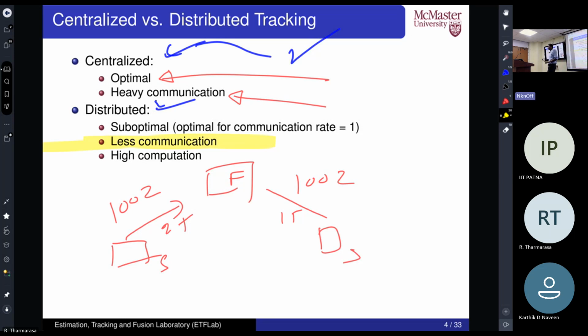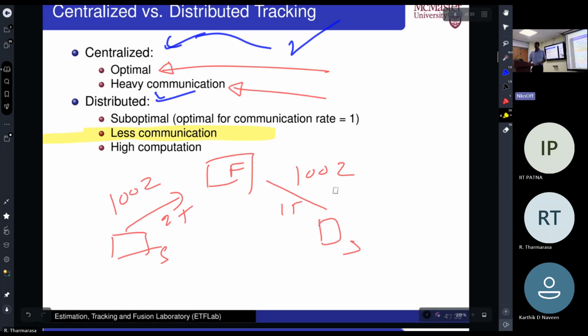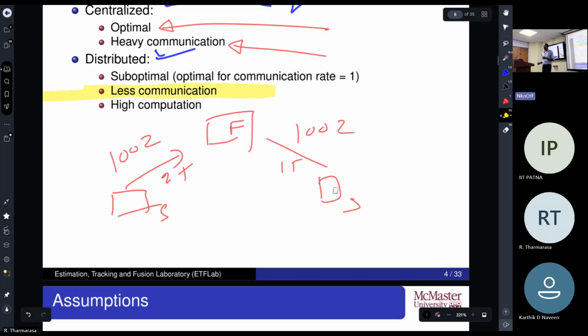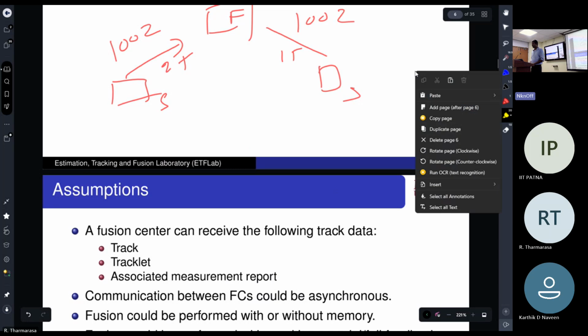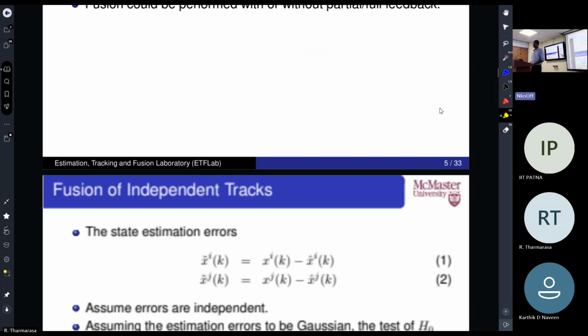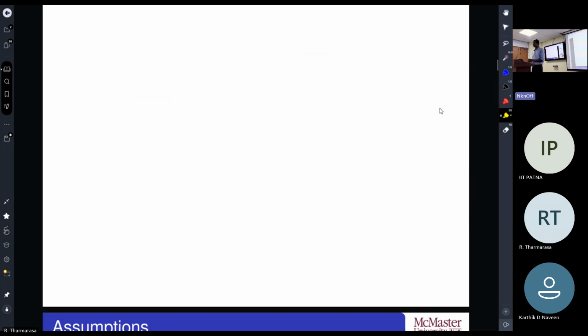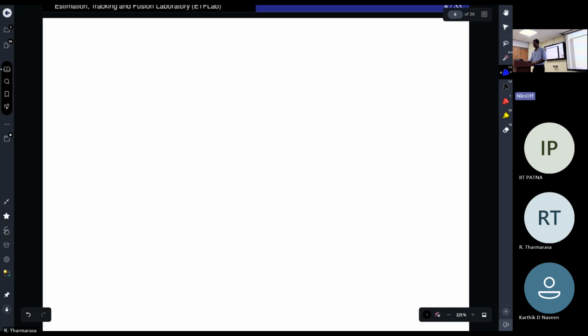In addition to these, the real-world challenge is that some companies, if you purchase a radar or something, will not give you measurements. Usually you think that if you develop a radar, you have the freedom to decide what you want to save and so on, right? But I work with real-world people. Their challenge is that you purchase a radar that provides only tracks.